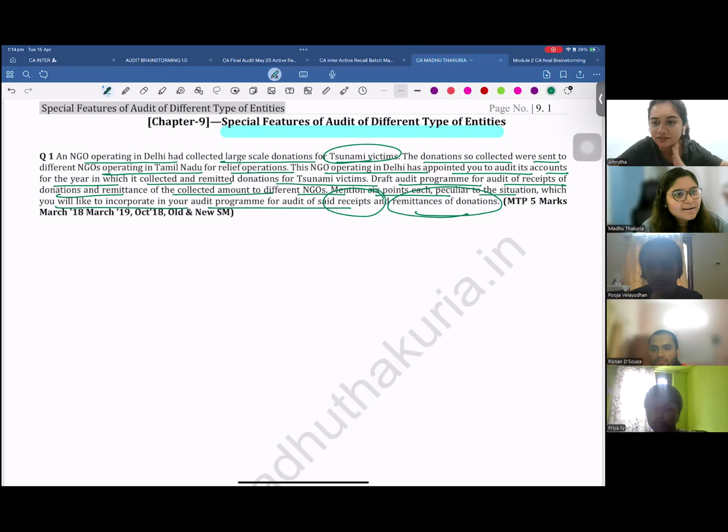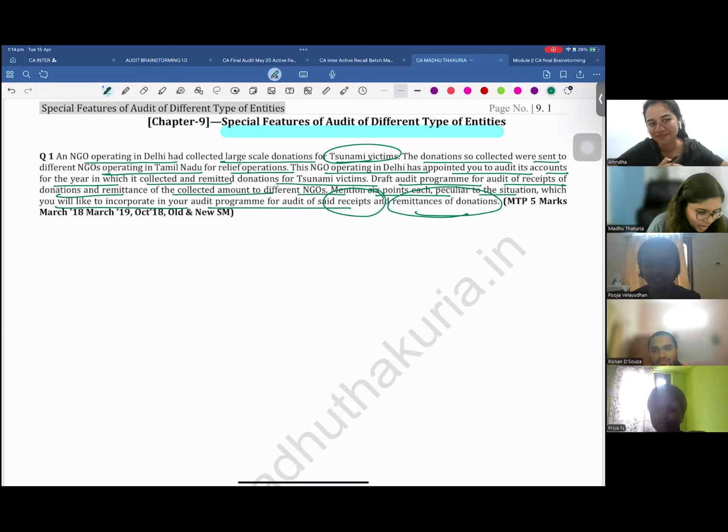Kerala. You are from Kerala. Pooja? I'm from Chennai, ma'am. From Chennai. Ronan? I live in Karnataka. Priya? Chennai, ma'am. Are we covering a lot of states over here? We have to find somebody from Telangana and Andhra. Actually, in my CA final batch, I have someone from those two states as well. Anyway, it's a good collection of students.